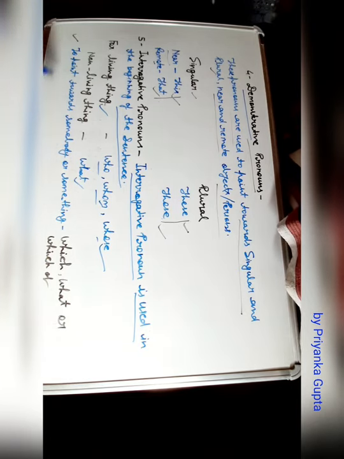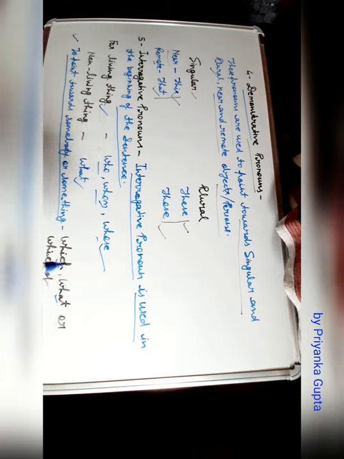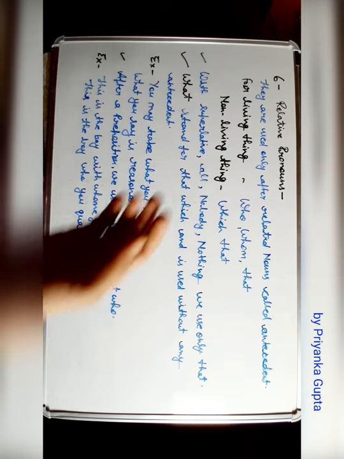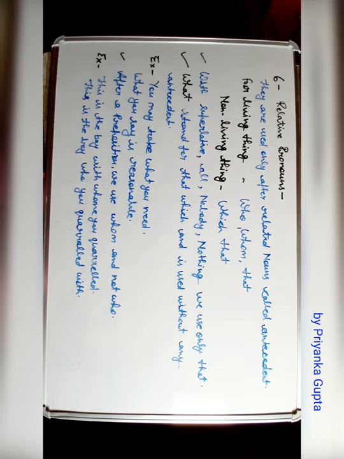And a point to be noted: if we are pointing towards somebody or something, in that case we will use which, what or which of. Clear? So come to the next part, your sixth kind, relative pronouns.